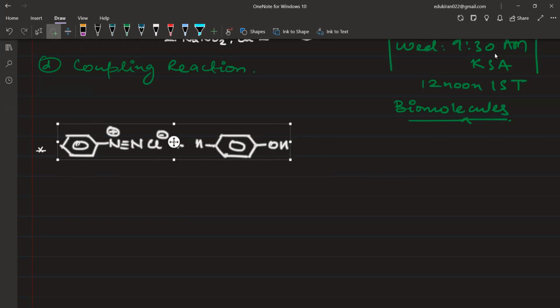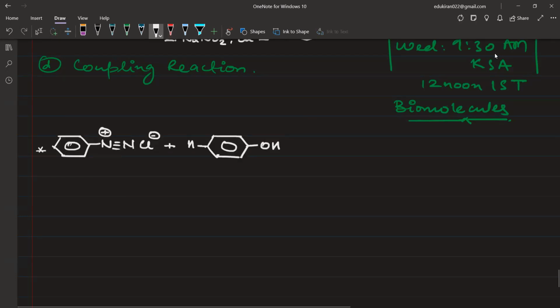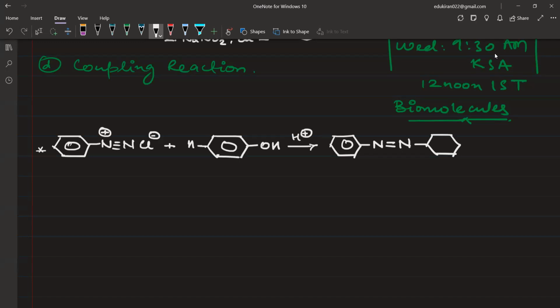Phenol is acidic in nature, so we keep this in acidic conditions. This HCl is removed and you get nitrogen, and the pi bond goes out, so you will have a double bond nitrogen, and this nitrogen gets attached with the carbon atom of the ring, and then you have the OH group. Due to this extensive conjugation, this is used in dyes, and this is an orange dye.